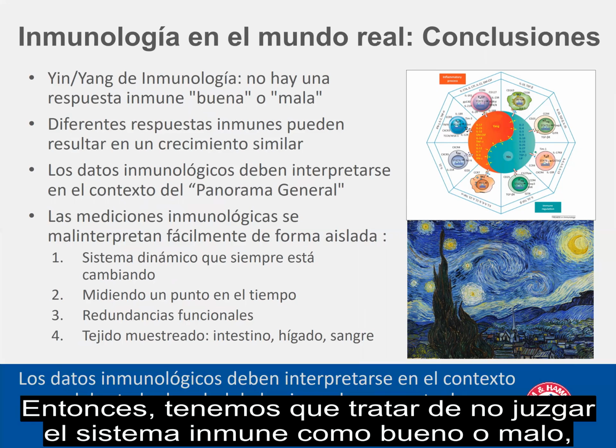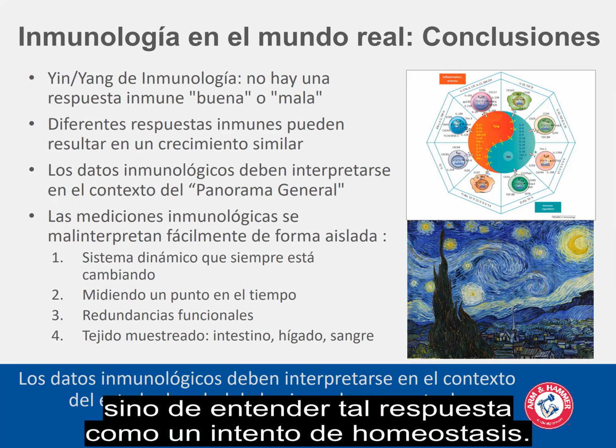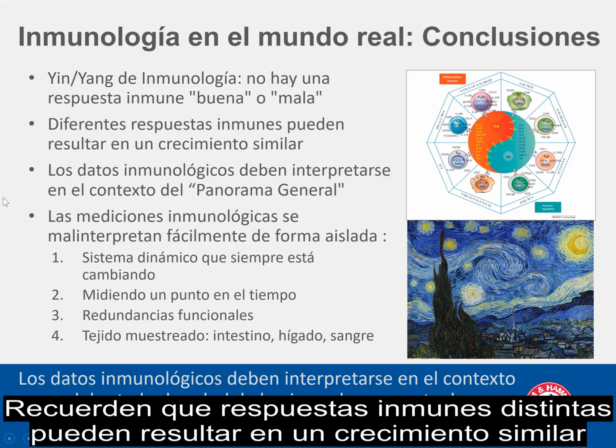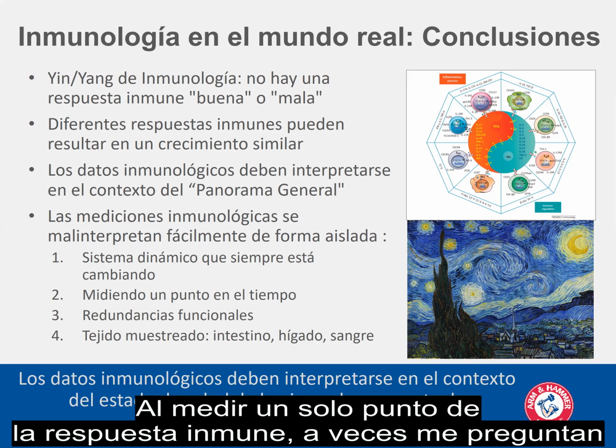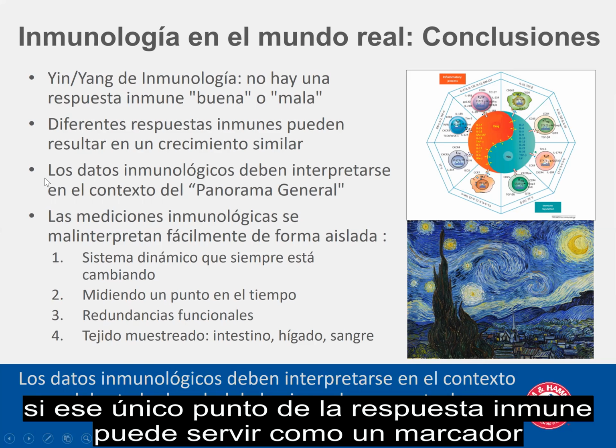So again, try not to judge the immune response as good or bad. Try to understand the mode of action for what's happening there and how that brings the host back to homeostasis. Remember that different immune responses can result in very similar growth performance responses based on the data that I showed you today.